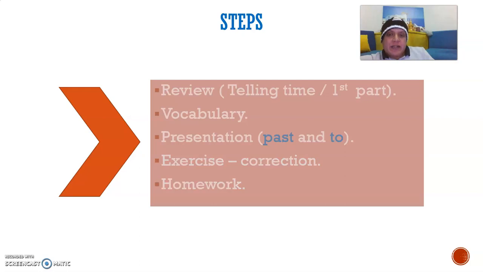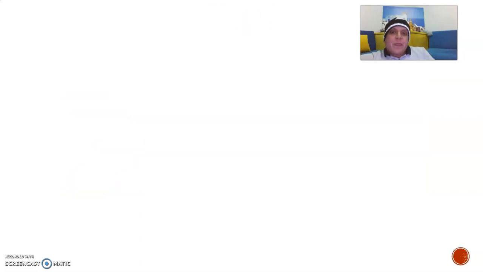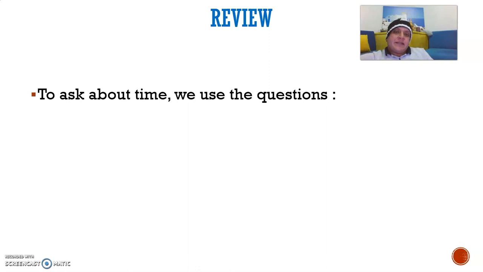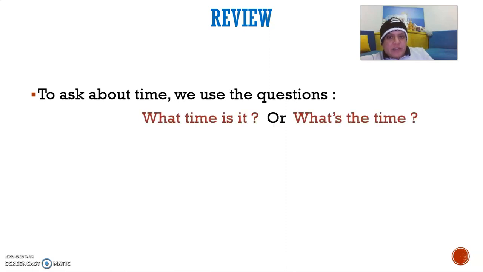Okay, let's start. So as we said last time, to ask about time, we use the questions. We either ask what time is it or what's the time. But how can we answer?